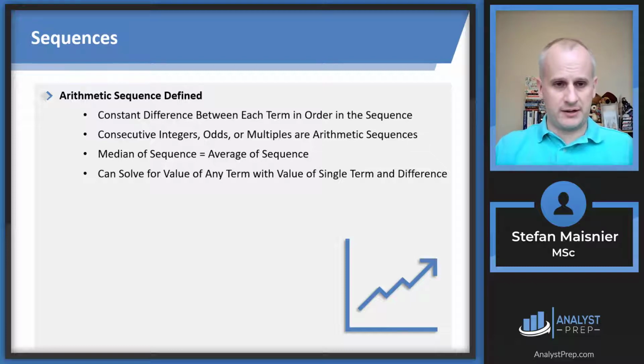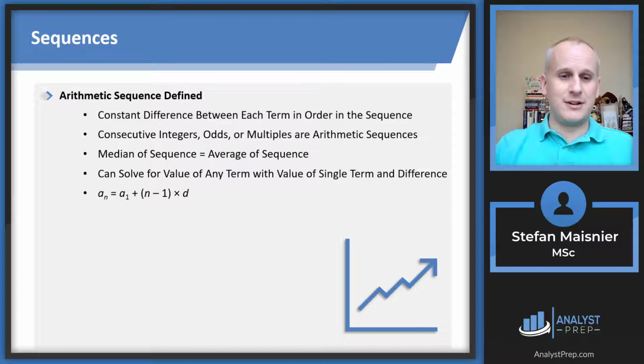If I know term 5 is 2 and the difference between all of the terms is 7, I could just count up or count down to solve anything else. As long as you've got the value of one of the terms and the value of the difference, you can solve for any individual term.